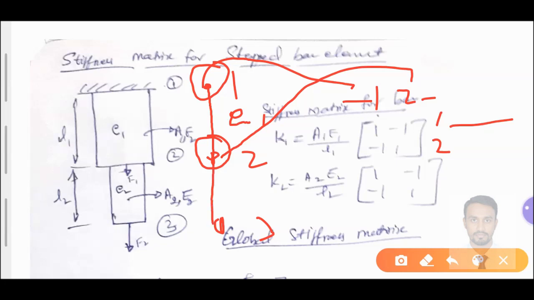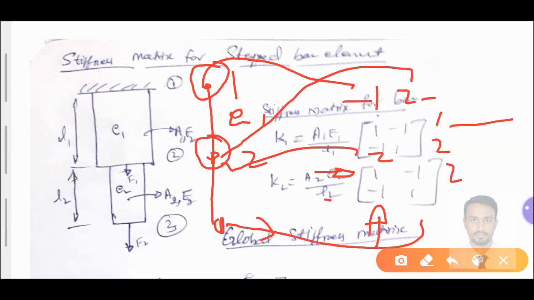That means the first row and first column name we will give as 2 and 2. It will start from here and end here. So the second row and second column name will be 3.